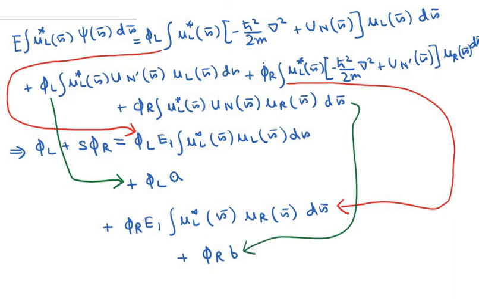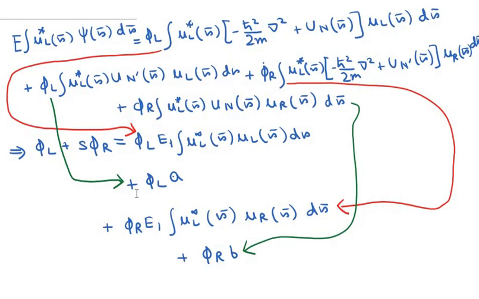Okay, so now we have got an entire equation, of course in symbolic terms. So let me write the entire equation here. So phi L plus S phi R equals to, we go back to the previous page.